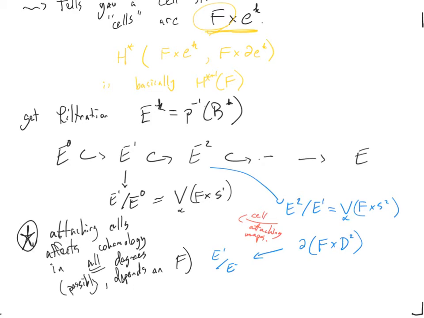But the crazy thing about the Serre spectral sequence is that you can keep track of all these different attaching maps without really thinking about them. Even though this can affect the cohomology in all degrees, you don't have this thing where you've attached the cells once and you're done. What you can do is figure out: do I know how these affected the stuff one dimension down?